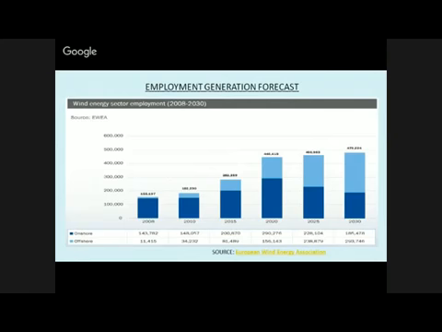Up to 2008, the contribution of offshore wind energy was minimal, but as time passes, in 2010 and 2015, the combination is that onshore wind energy has also included employment, as well as offshore wind energy. Even in 2020, you will see that continuously, in the future, the prediction for employment generation is increasing.